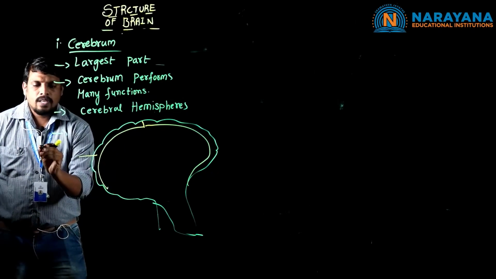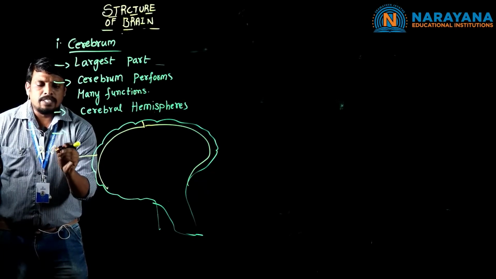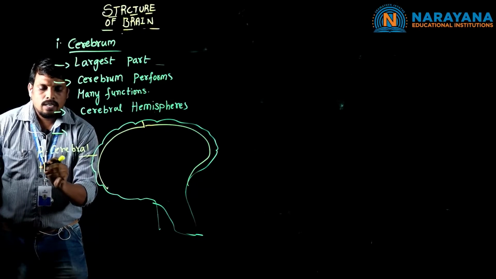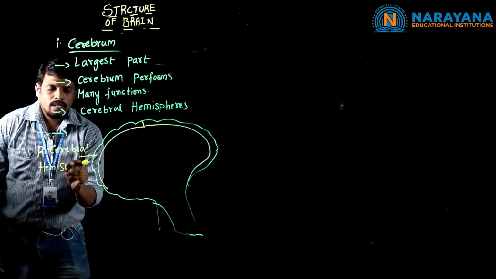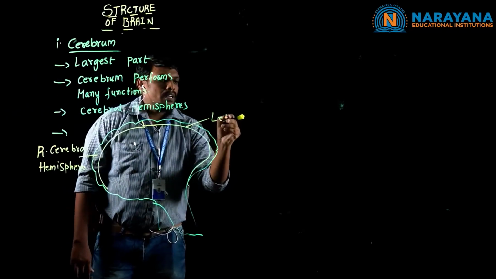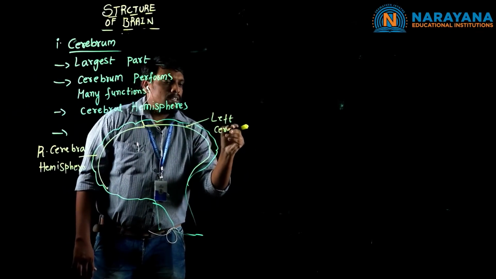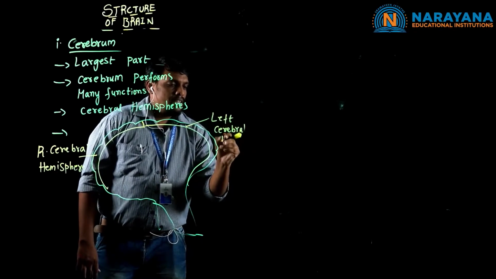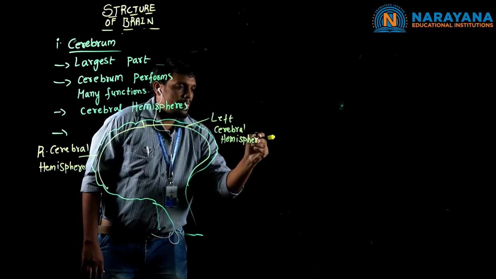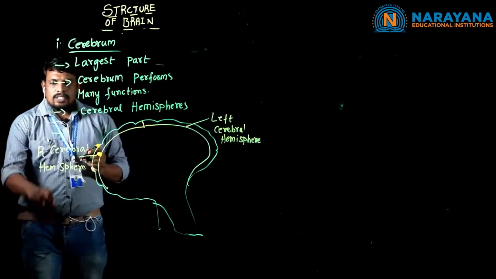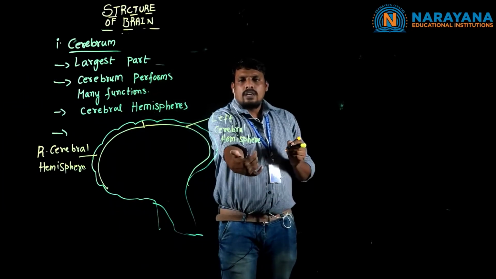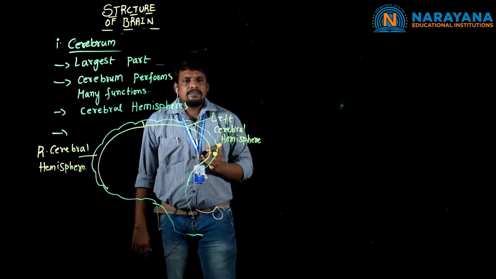This one is the right cerebral hemisphere, whereas this one is the left cerebral hemisphere. Clear?